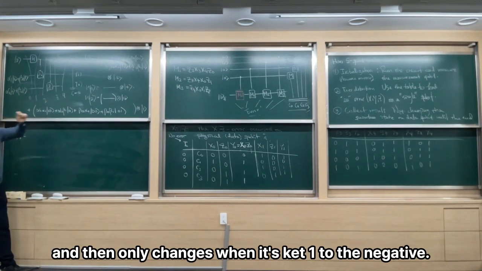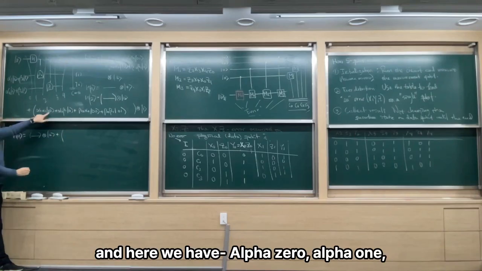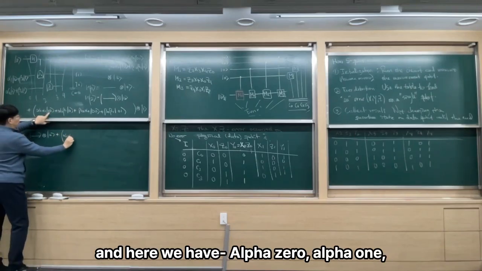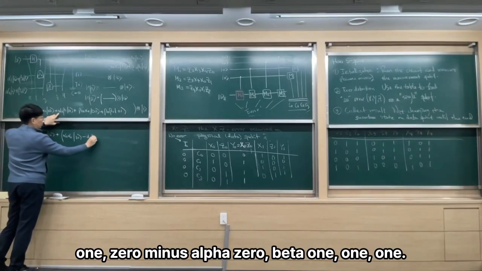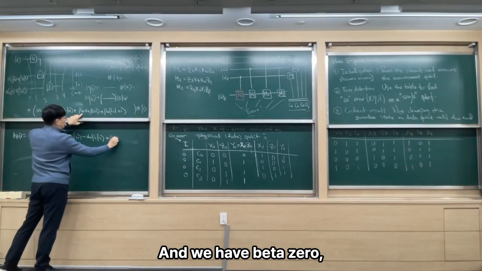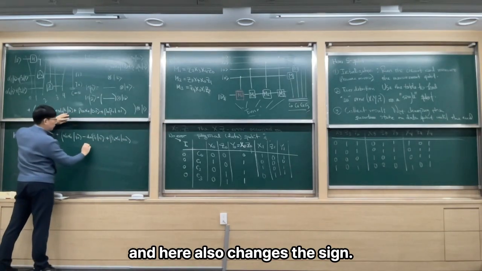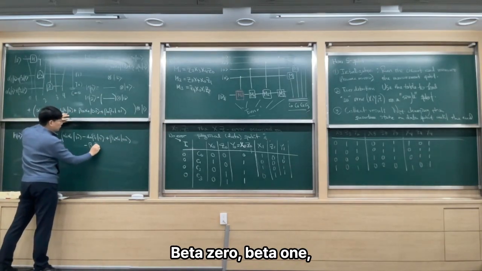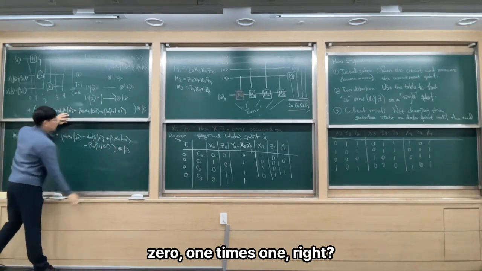The only change is when it's ket 1, to the negative. So we have the same thing for 0. And here we have alpha 0, alpha 1, 1, 0, minus alpha 0, beta 1, 1, 1. And we have beta 0, alpha 0, 0, 0. And here it also changes the sign. Beta 0, beta 1, 0, 1 times 1, right?